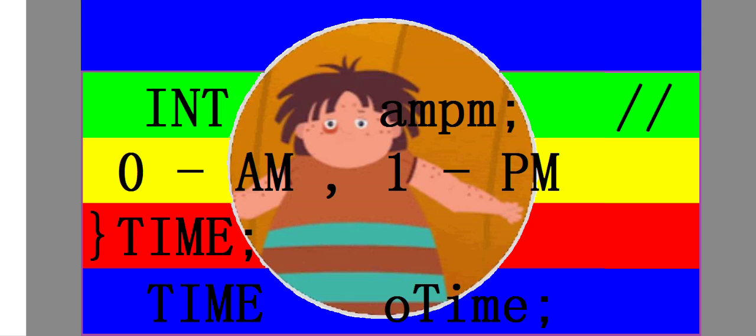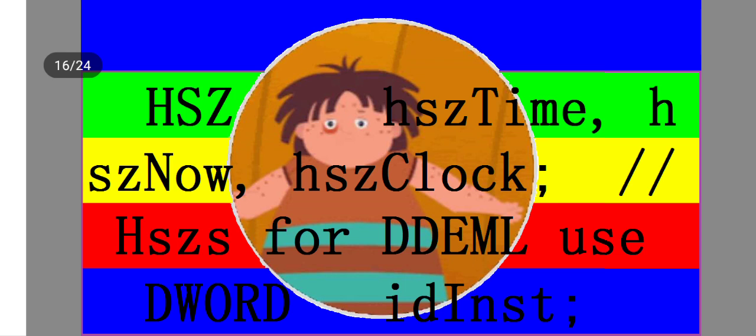Time oTime. O means output. HSZ hTime, HSZ hNow, HSZ hClock. HSZ is for DDEML use.